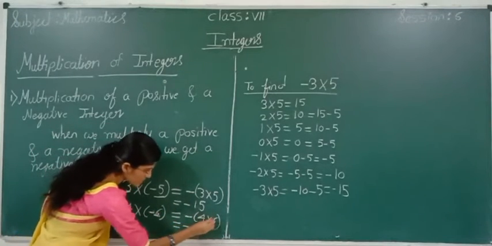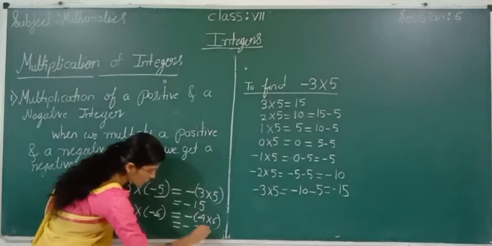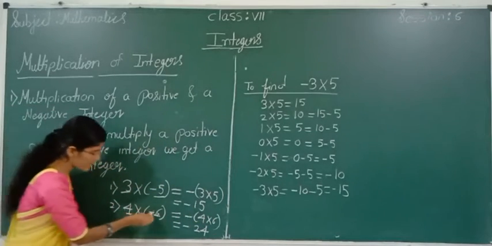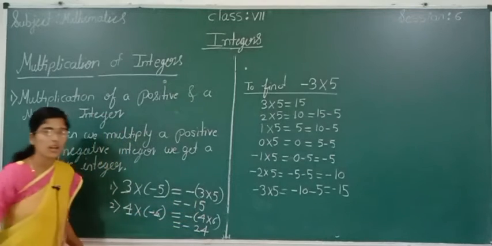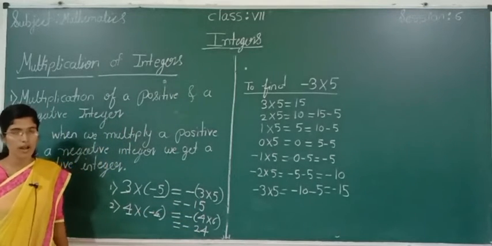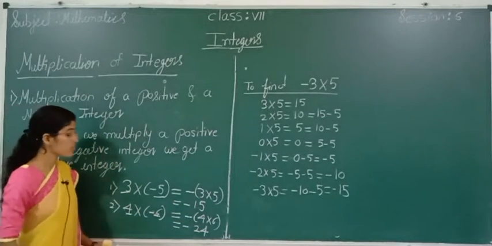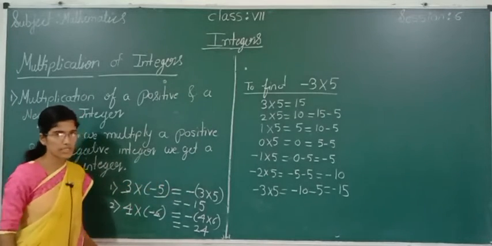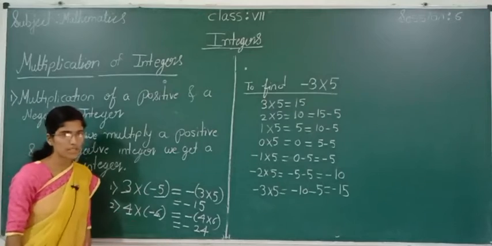Minus 6 4s are 24. When we multiply a positive integer and a negative integer, we will get a negative integer. You have to remember this.